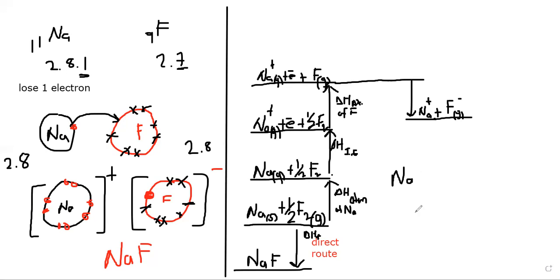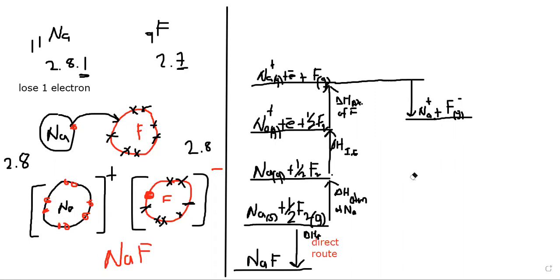Let's focus on what happened to fluorine. The fluorine atom gained an electron to form the fluoride ion. So that is what happened at this point. The fluorine atom gained an electron to form the fluoride ion. Then finally now, the sodium ion.